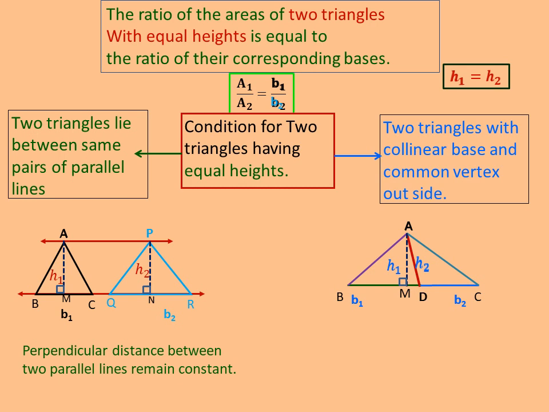So H1 and H2 will remain there for triangle ABD and triangle ADC. As you can see here, the common altitude is drawn from the common vertex to its opposite side. Therefore, H1 will be equal to H2. Got it? And therefore the ratio of the areas of the two triangles, that is A1 upon A2, will be equal to B1 upon B2.